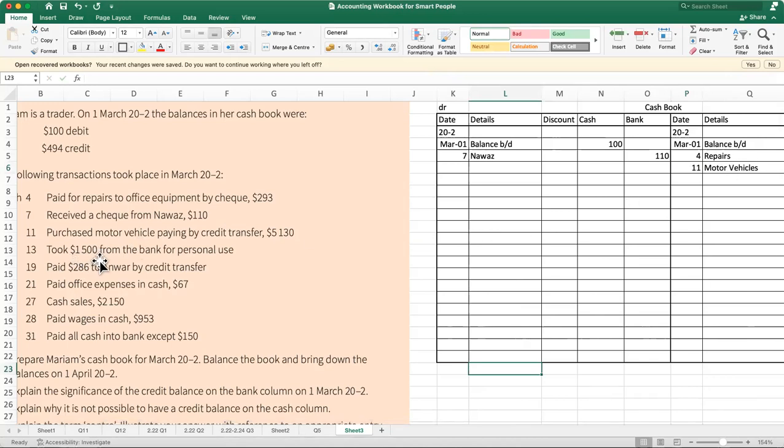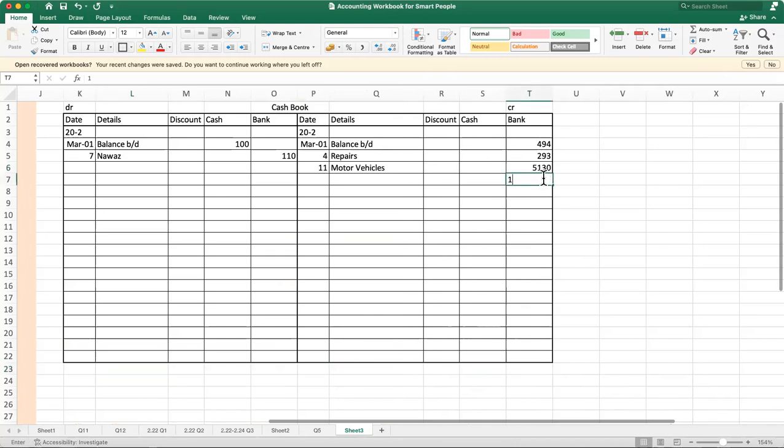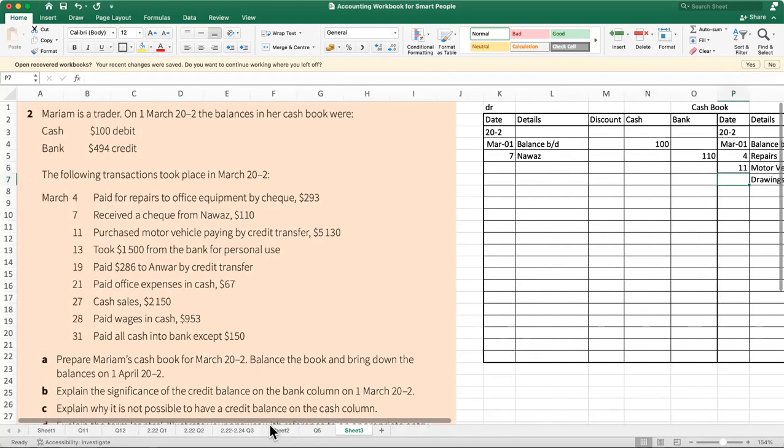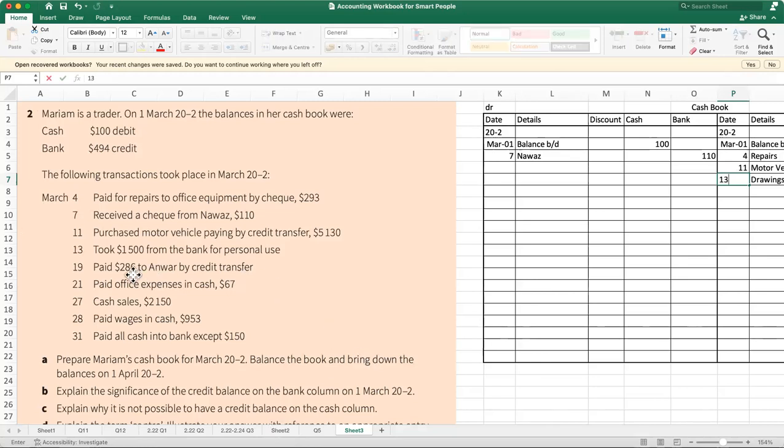So next one, took 1,500 from the bank for personal use. Go to your bank again, 1,500 take out from the bank. So you can see the word drawings doesn't appear here, but you know this is drawings by nature because you are taking it out for personal use, not for business use. It's for personal use. So this is on the 13th.